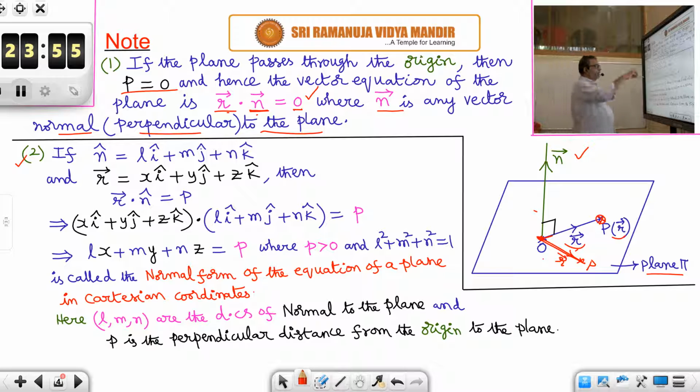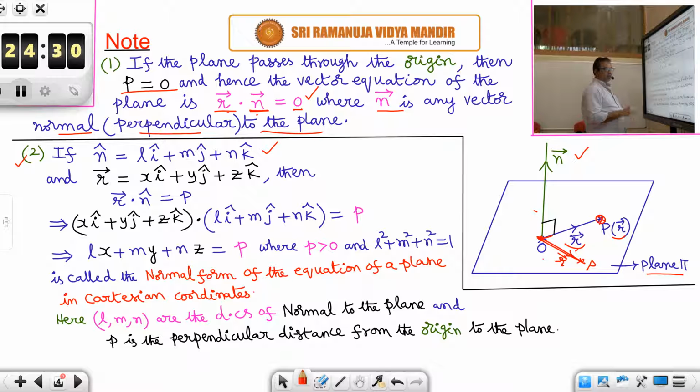In the previous theorem, r bar dot n cap is equal to p. In the previous theorem, n cap is a unit vector, is it not? The perpendicular from the origin towards the plane is a unit vector. So let us take n cap as l i cap plus m j cap plus n k cap.